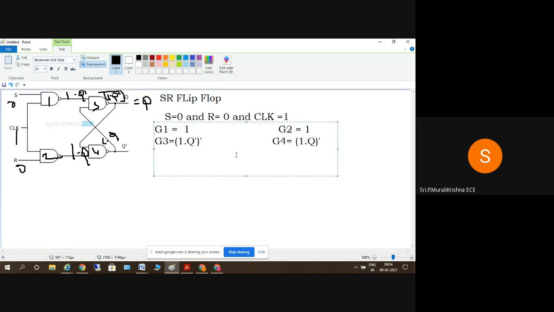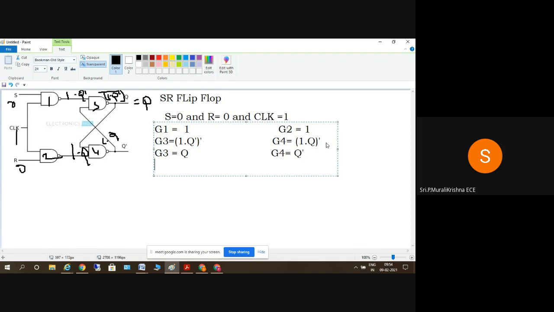So what do we get here? The output of G3 is Q, and the output of G4 is Q bar.